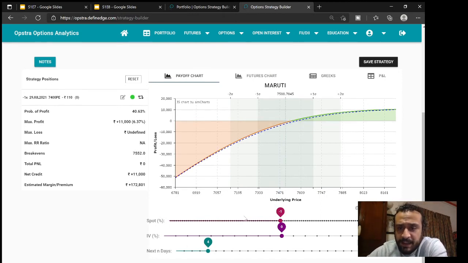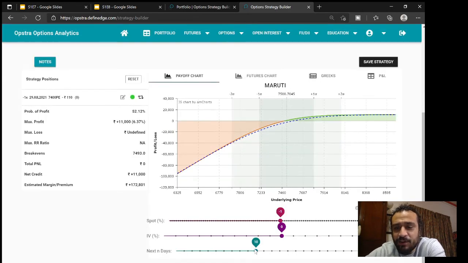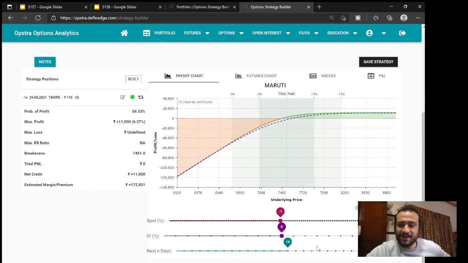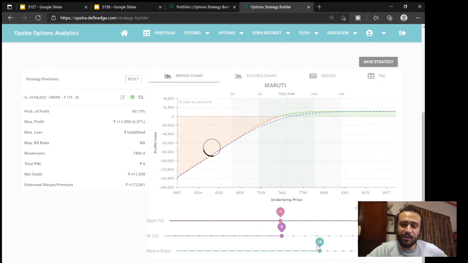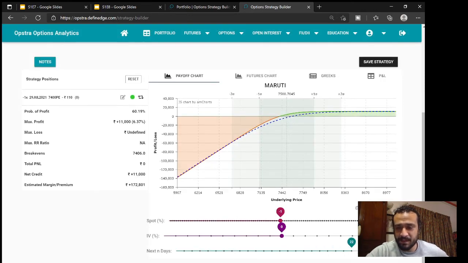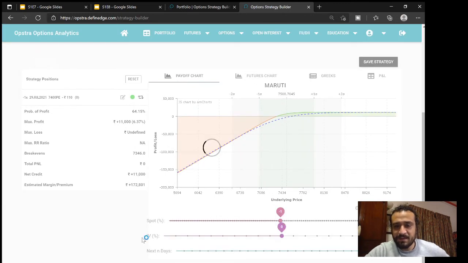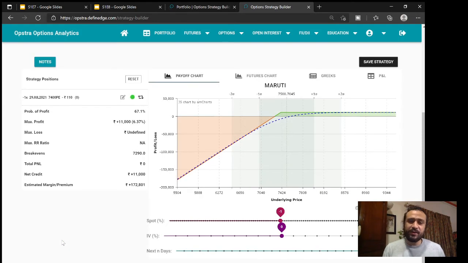But if you hold it here, if the stock price stops at this place 7500, I'm just randomly increasing to 10 days, that zone will start coming into profits, because this is how the short put plays out, exactly opposite to how the long or the buy option plays out. So this is an example of shorting and going long on an option, and getting an understanding of the odds that you will make money or not.